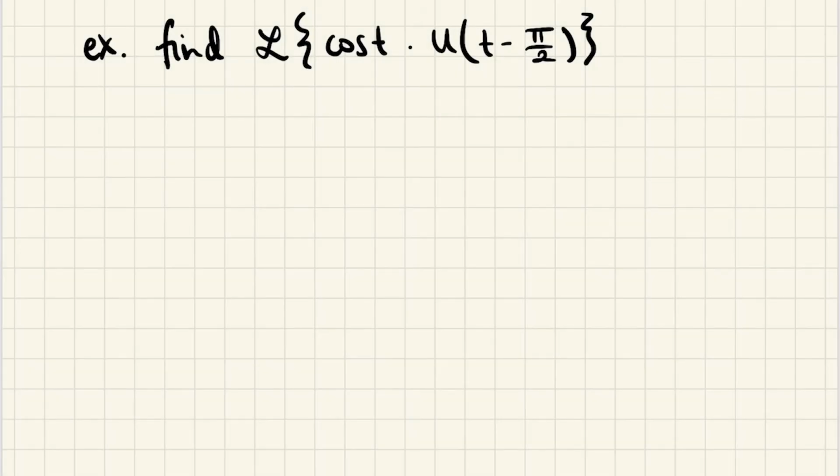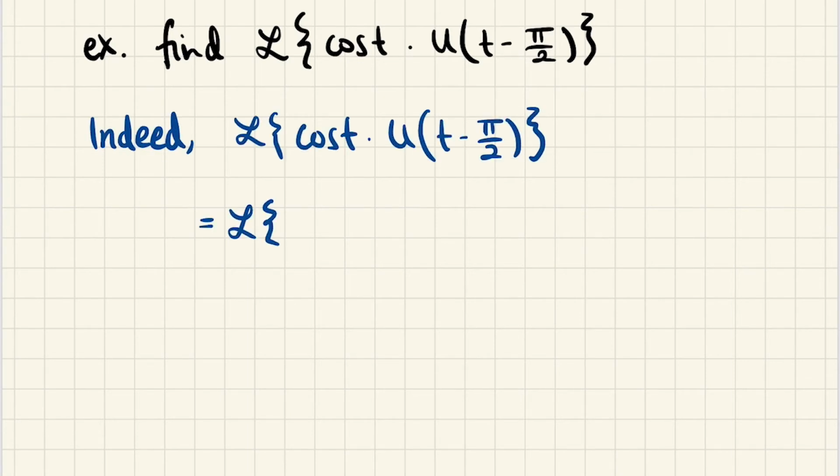All right, here we need the Laplace transform of cosine of t times the unit step function offset by pi over 2. So yeah, what we need to do is write cosine of t in some form where we have it as stuff of t minus pi over 2. Okay, well we know that cosine of an angle is sine of pi over 2 minus that angle.